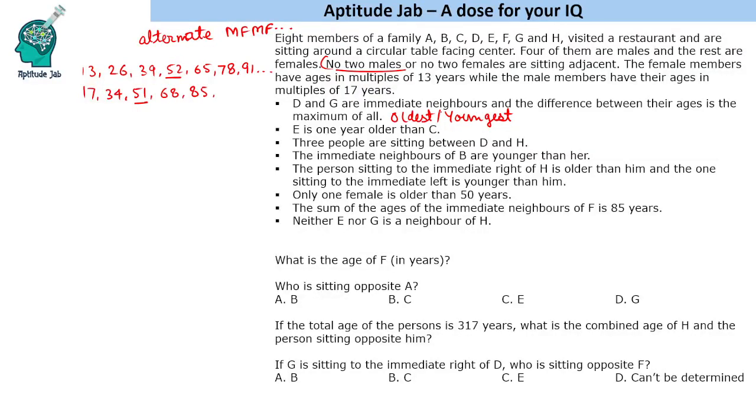So this gives that E is equal to 52, and C is 51. Let us make a table here with the ages of these people and later on we'll fill the seating arrangement as well.